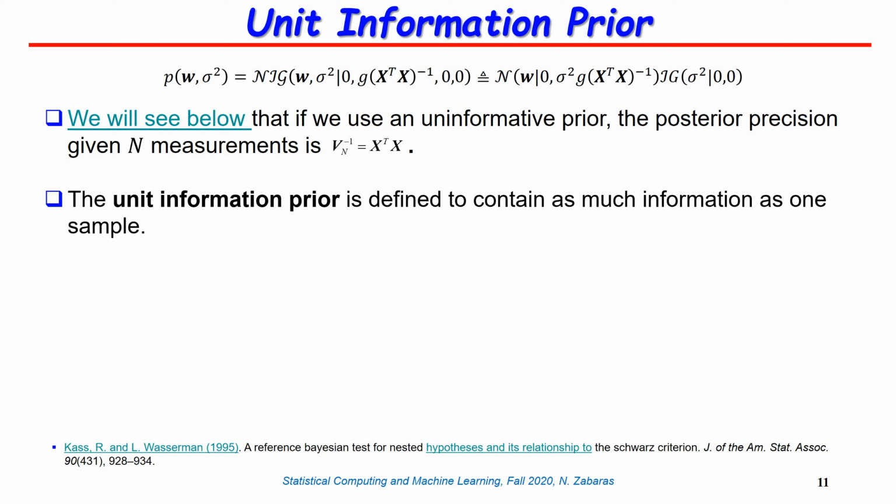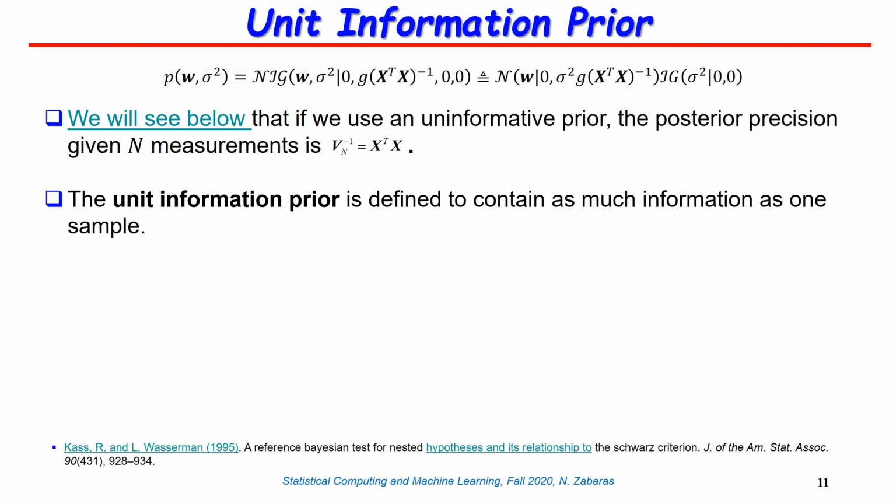So you can see here that if G is equal to n, then the prior precision is 1 over n X transpose X. So the prior precision here will be 1 over n X transpose X, and the posterior precision is X transpose X. So with the choice of G equal to n, we are basically getting prior information that is equivalent to one data point.